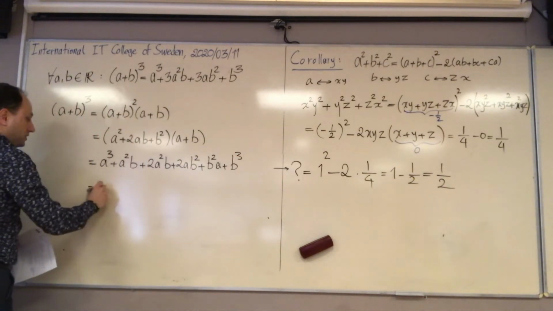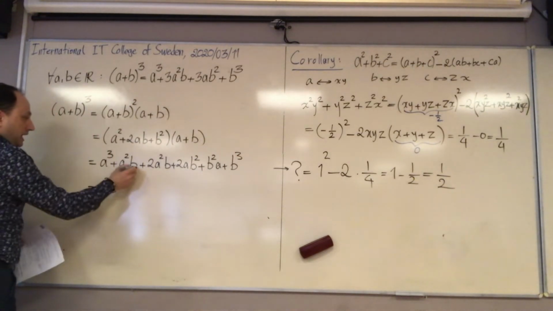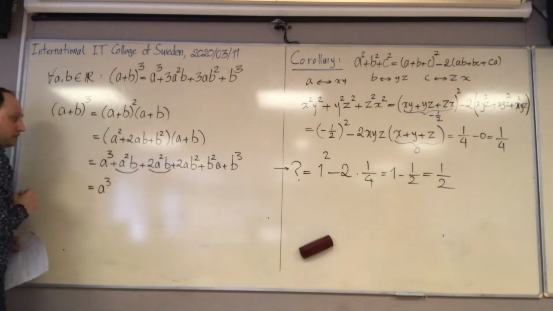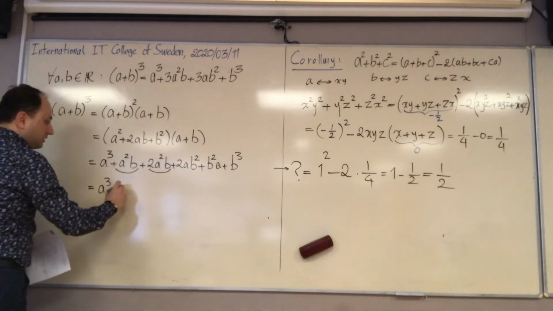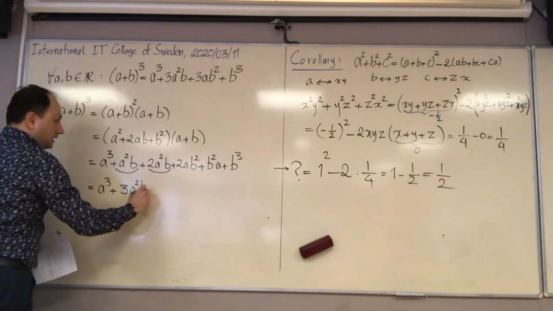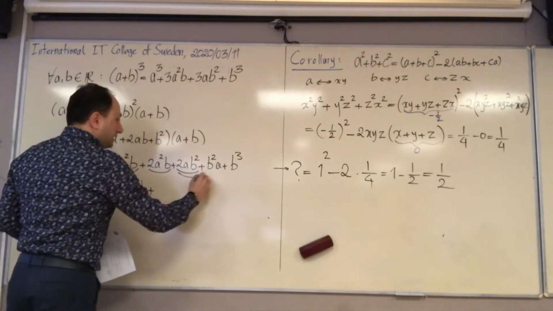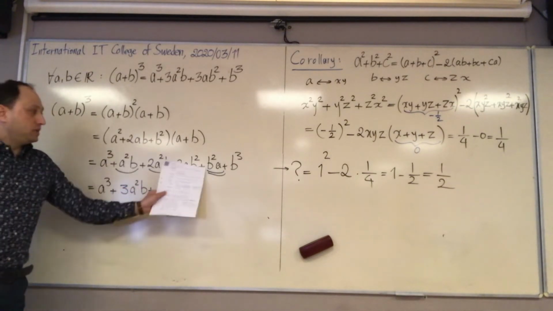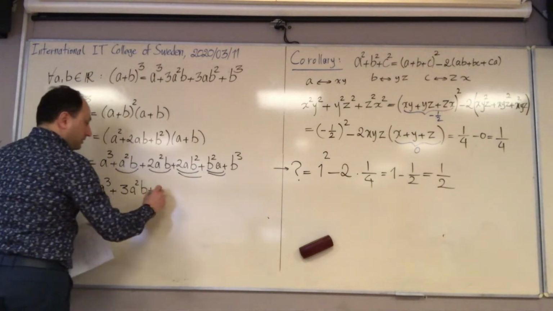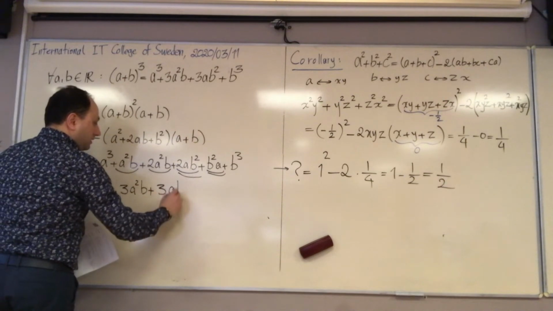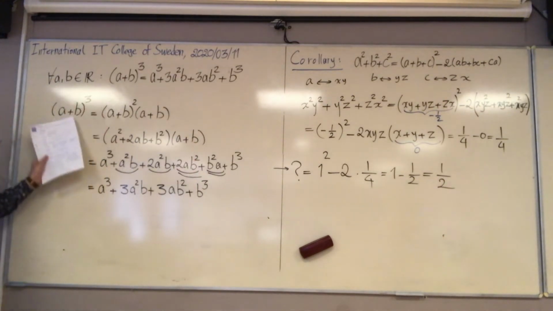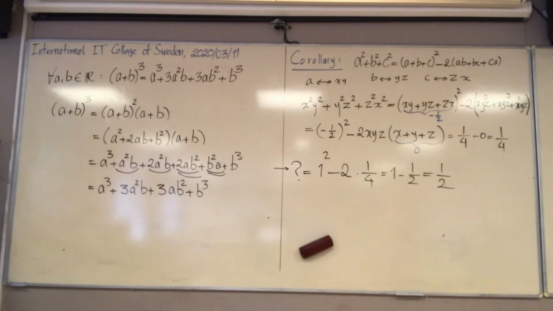And then what happens, I have a cubed here, but a squared b and 2a squared b are similar, so I add them. How many do I get? 3. 3a squared b. And then I have this one and that one, they are also similar. ab squared, ab squared. So how many of them will I have? I will have 3 again. So 3ab squared, and then finally I have b cubed. And then you can see that this is exactly what I have written on the right-hand side.